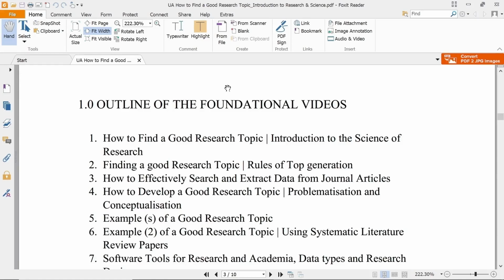In the third video, I'll talk about how to effectively search and extract data from journal articles. Like I said, it can be a daunting task to extract data from journal articles. One article can have 10 to 20 pages on average. It can be more than that, it can be less.